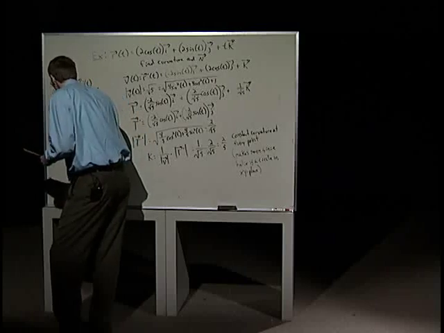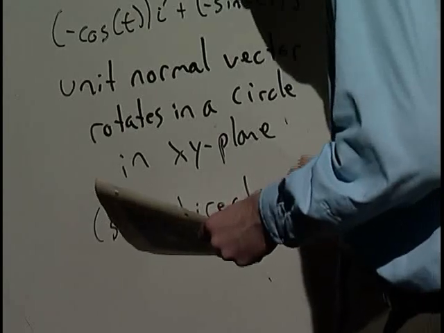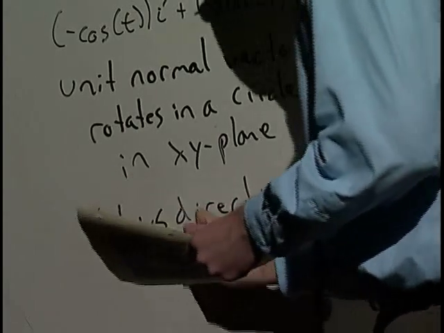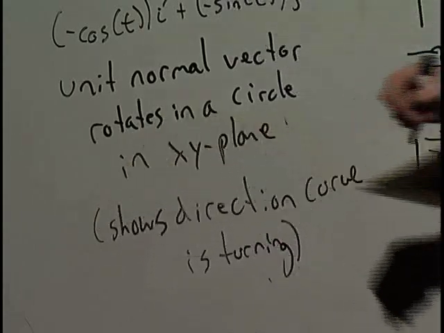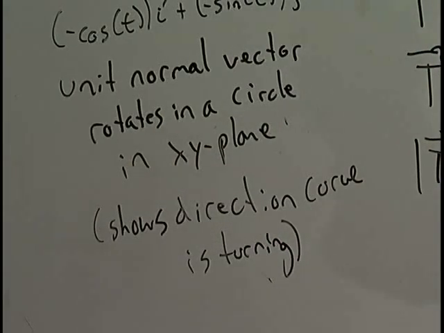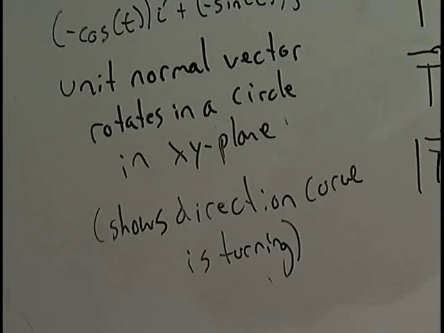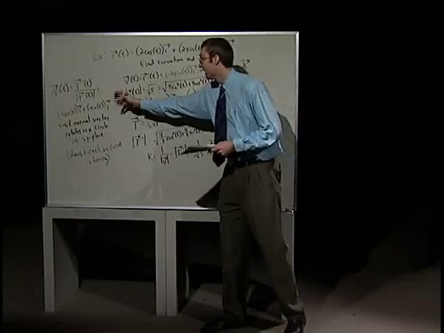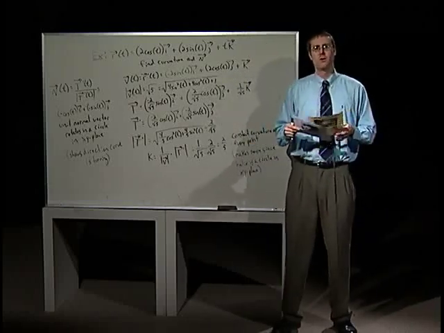And what does that show? It shows the direction the curve is turning. Imagine N rotating constantly in a circle, and as you're doing that, the helix is doing the same thing, coming around in a circle as well. None of these were surprises with the helix. All right, and that concludes the section on curvature and unit normal vector N.